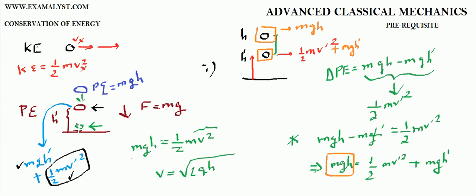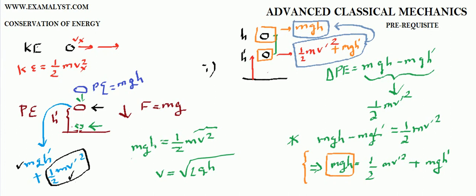Now our equation is saying that this energy is equal to this energy. What is this energy? This energy is the total energy when the ball is at height h dash. This energy is the total energy when the ball is at the top.